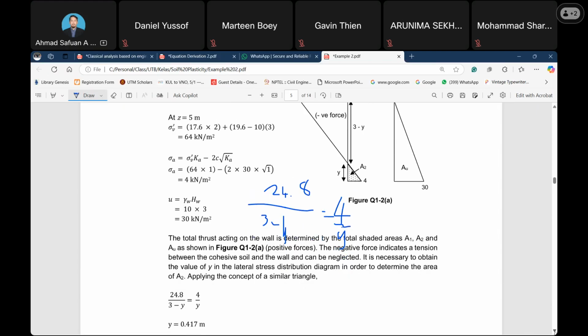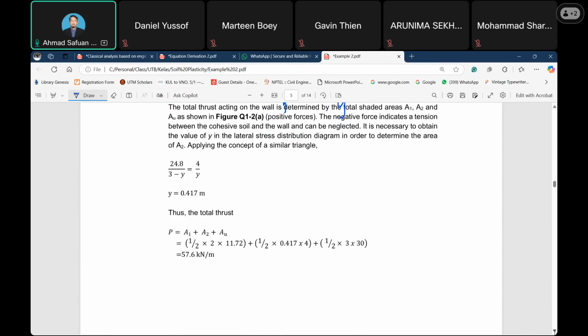Then try to solve the problem. We obtain y equal to 0.417.